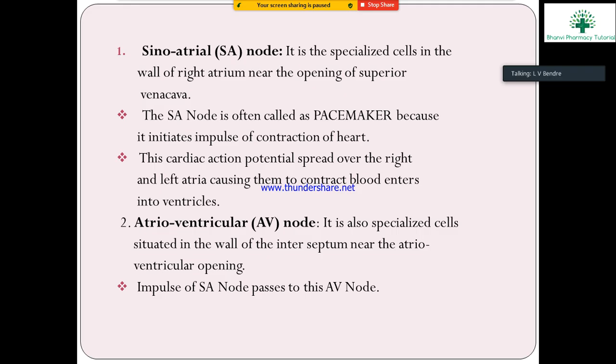First, the sino-atrial node is made of specialized cells. The sino-atrial node contains specialized cells in the wall of the right atrium near the opening of the superior vena cava.